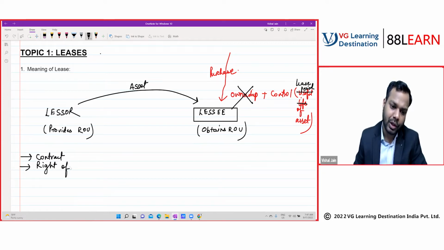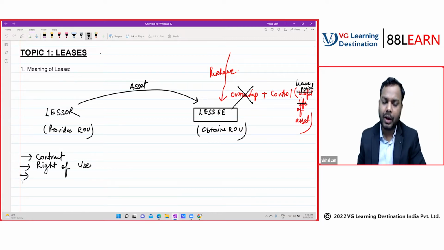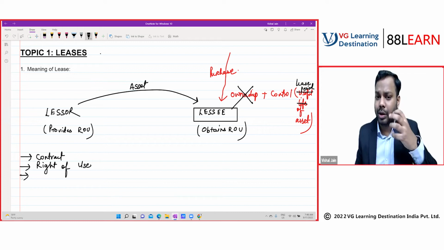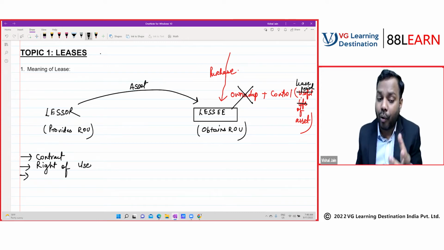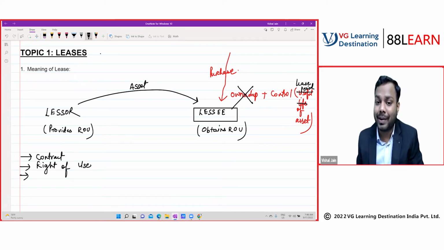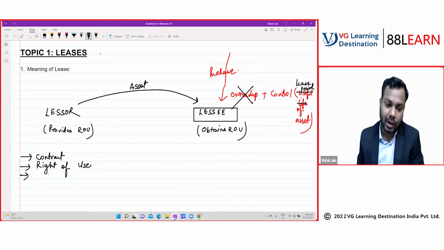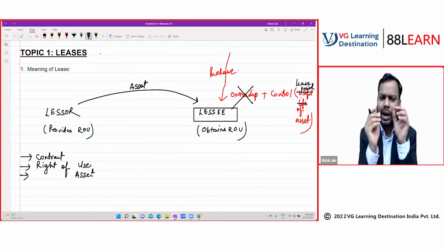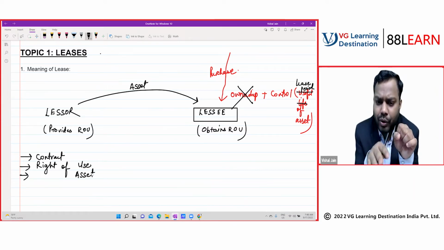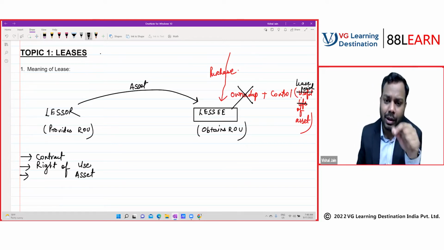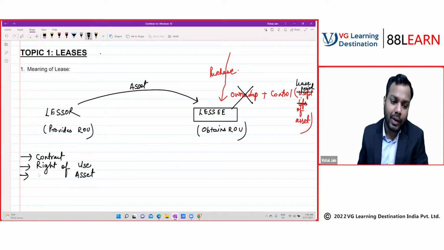Now, the lessee is getting the right of use of an asset. Don't you think that asset should be specified in this contract? And that's why the name comes as identified asset.